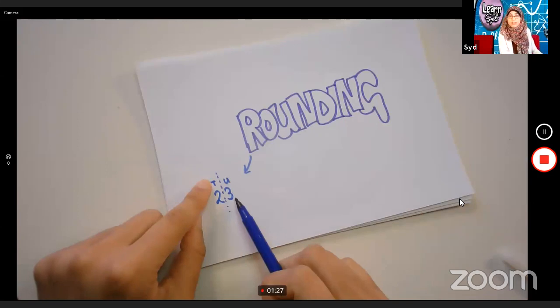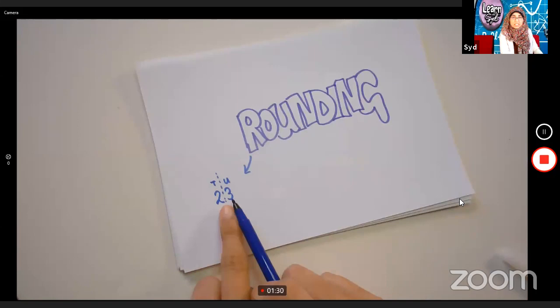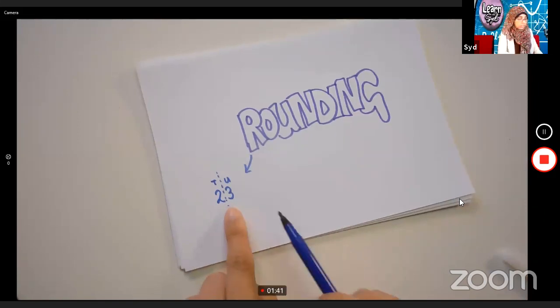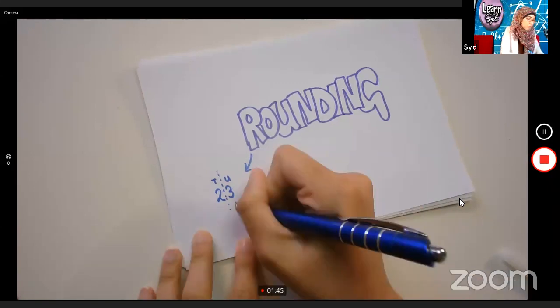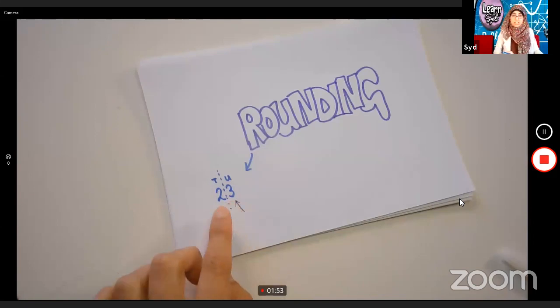But before we round it either up or down, we need to look at the next number that is next to the number we're rounding to. So here, we're going to round to the tens, but we look at the units to see what's going to happen to the tens. Okay, so we've got here a 3. Now, if this number is 1, 2, 3, or 4, so it's 4 or smaller, then we don't do anything. This just stays as 2.